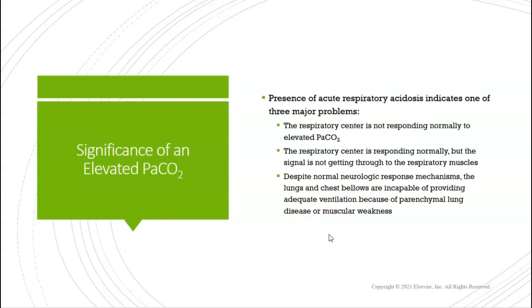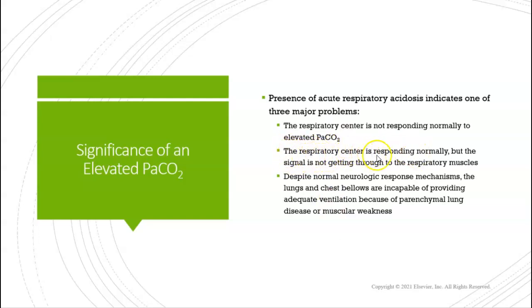So that presence of acute respiratory acidosis indicates one of three major problems. First, the respiratory center, that's the central nervous system, is not responding properly to the presence of that elevated CO2 in the blood. Something's dysfunctional up in the brain, and it's not sending those impulses to speed up ventilation or respiration.